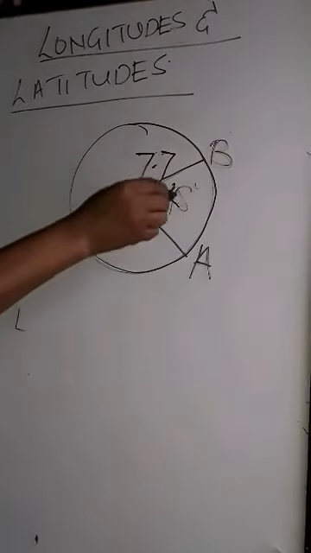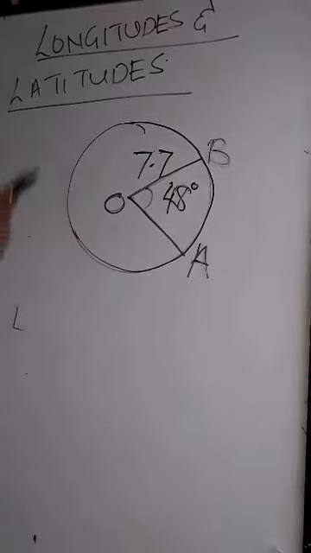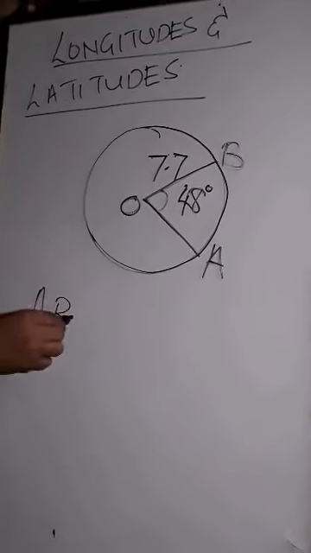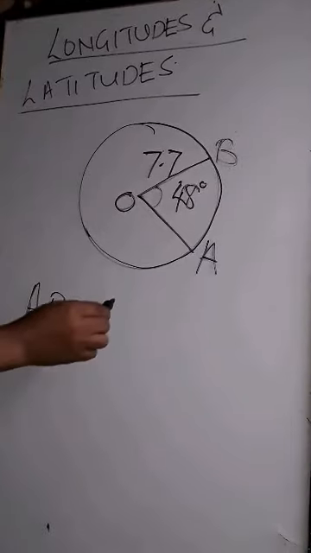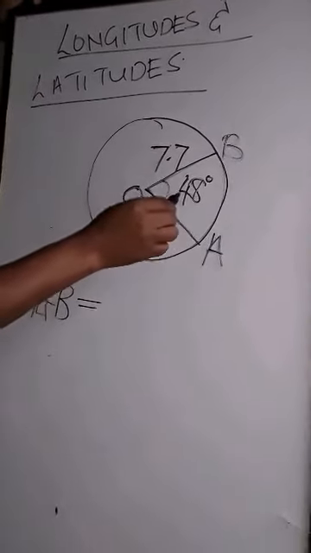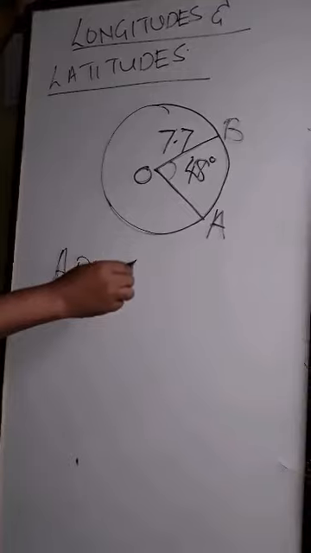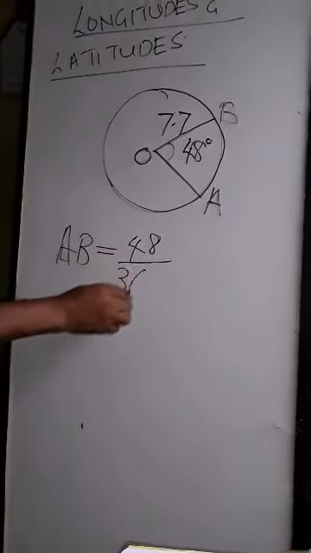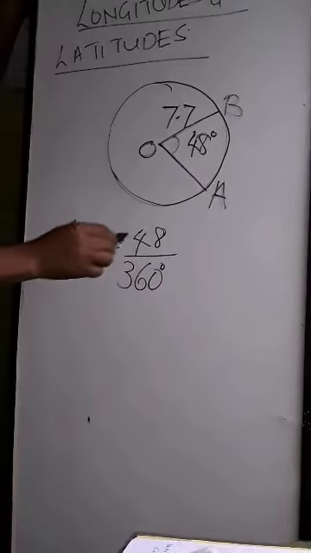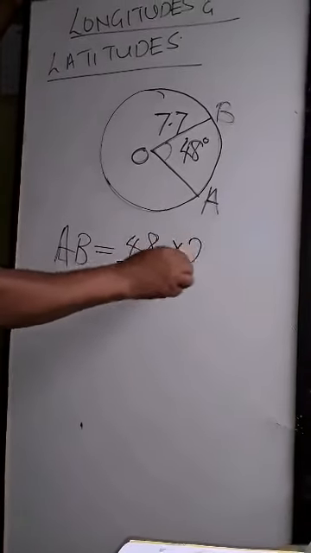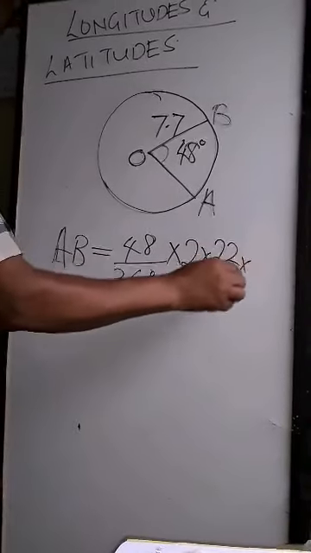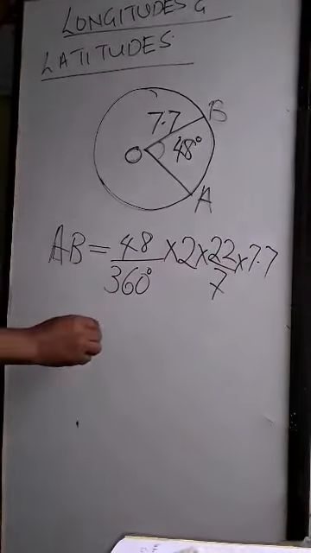Okay, so 48 degrees. So according to our formula, arc length AB will be given by the angle subtended by the arc, which is 48, over the whole circular angle, times the circumference, which is 2 pi r. And you can finish.